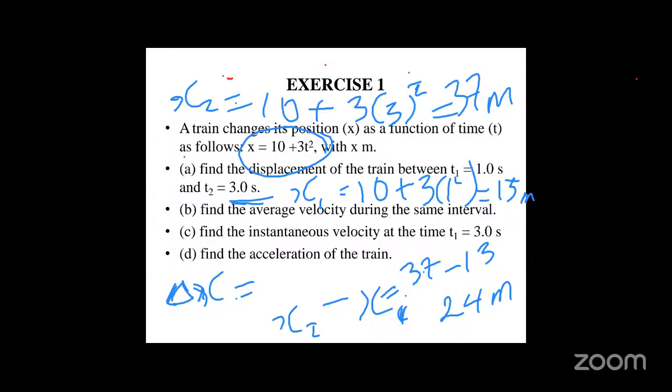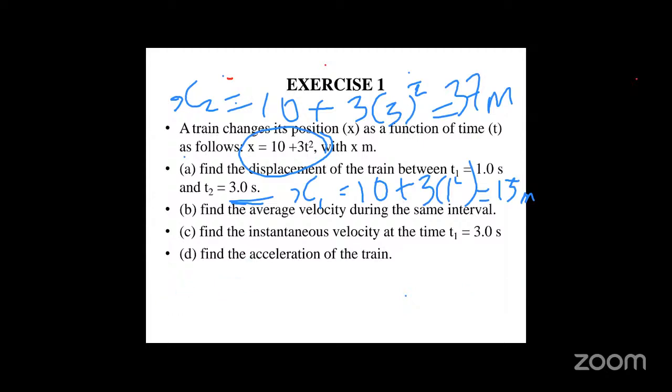Now, B says find the average velocity during the same interval. What is average velocity? Average velocity is change in position over change in time. What is change in position?